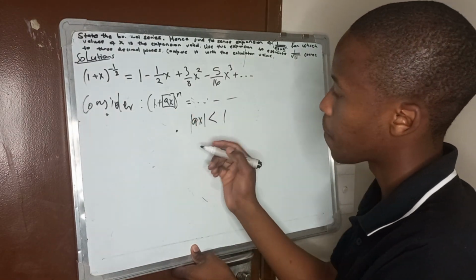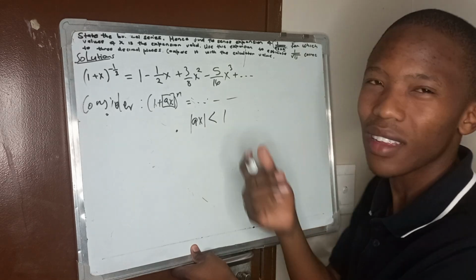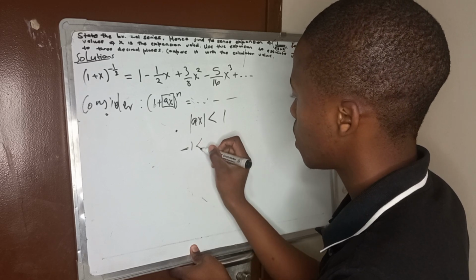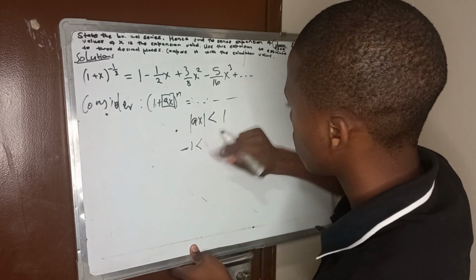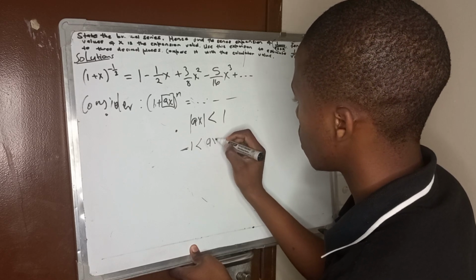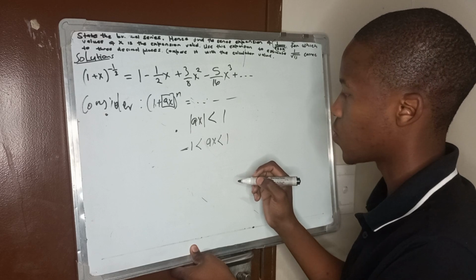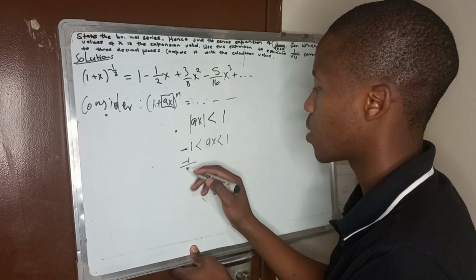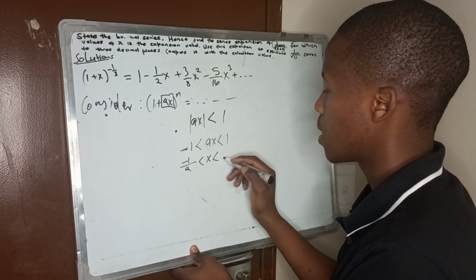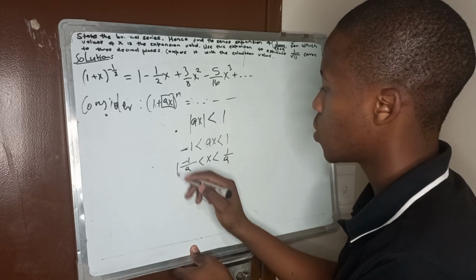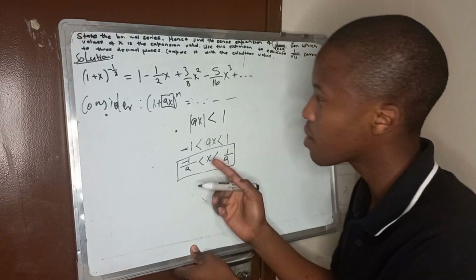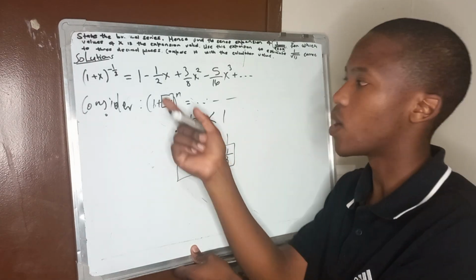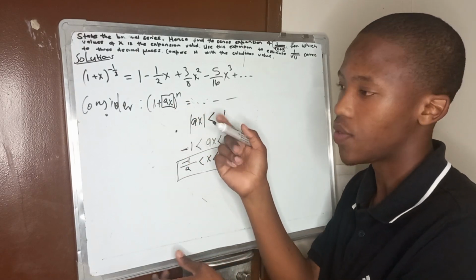So this is the same as -1 less than ax less than +1. Then we can divide by a on both sides so that we get -1 over a less than x less than +1 over a. So these are the values of x where this expansion is valid.